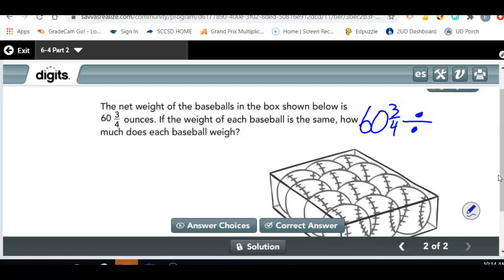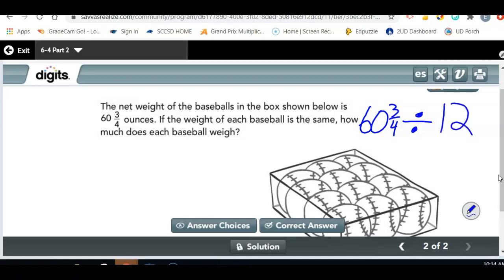If we want to find the weight of each baseball, what do we do? We have the total amount of weight. We want to find the weight of each one individual one. What are we going to do? Sejal? We're going to divide by 12.